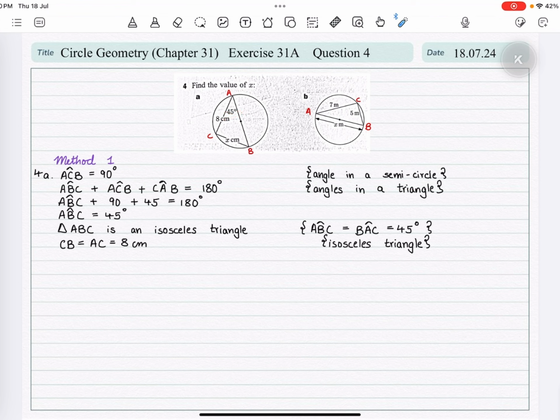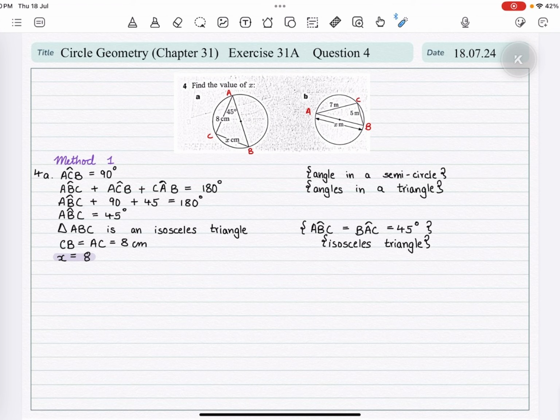Thus, because these angles are equal, CA is equal to CB. So if CA is equal to 8 centimeters, then CB also must be equal to 8 centimeters. Now CB is equal to x centimeters, so x is equal to 8. And that's the answer to this question.